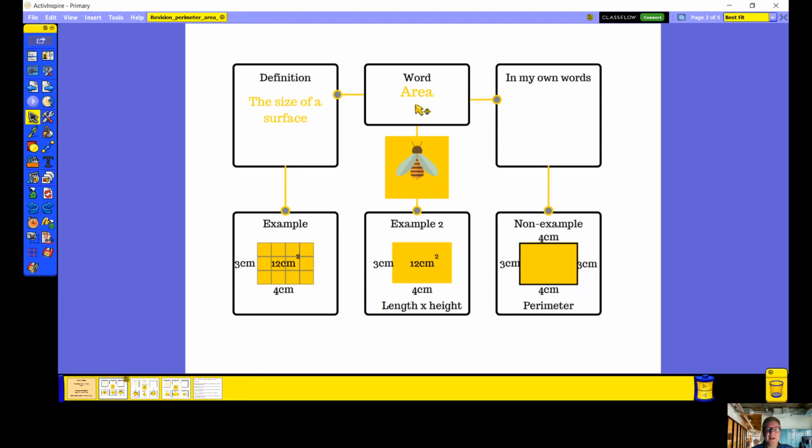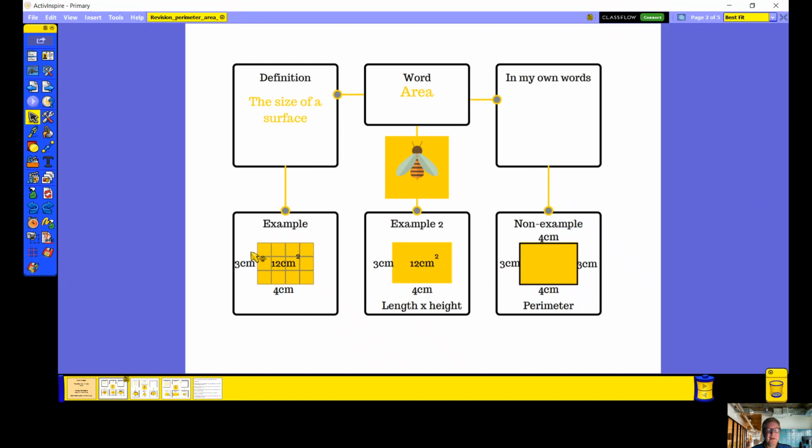So the word is area. This is the definition. What does it mean to you? Here's an example. 3 times 4 is 12. Because we're multiplying centimeters by centimeters, we've got centimeters squared.